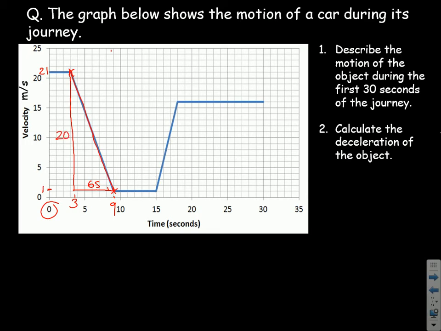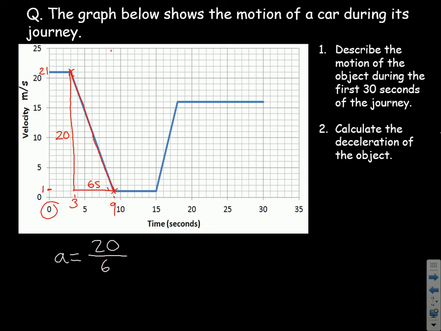So it's dropped 20 in 6 seconds, therefore our acceleration, or should I say deceleration, but it's just negative acceleration, is our change in velocity divided by our time taken. Now this isn't going to give us a very good answer.